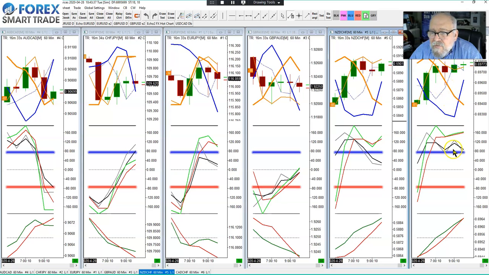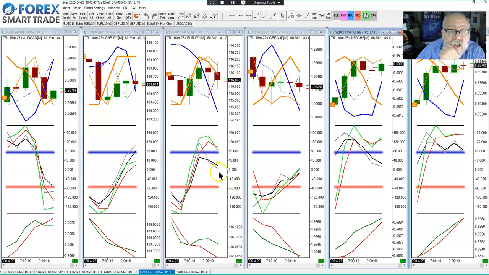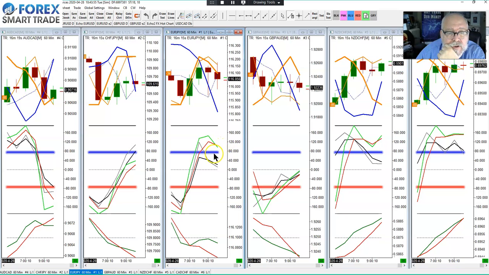CAD CHF, overbought, pointing up. So we had nothing on a 10-point trade on any of these. What would happen is if I saw, well, here, so euro yen, he is now starting to point down.